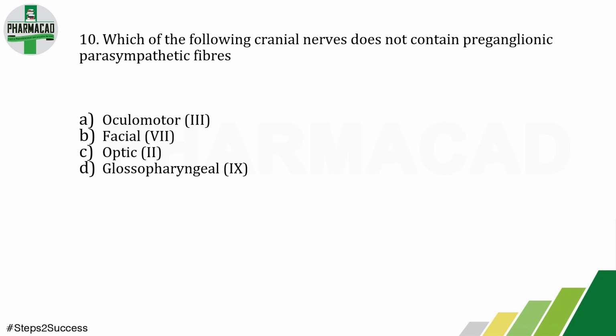Next question: which of the following cranial nerves does not contain preganglionic parasympathetic fibers? So they are asking for the one that does not. The options are oculomotor, facial, optic, or glossopharyngeal nerves.